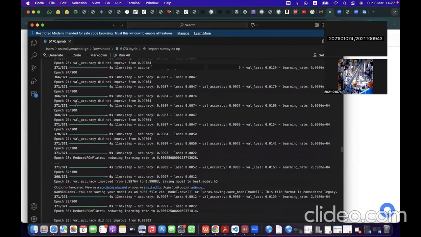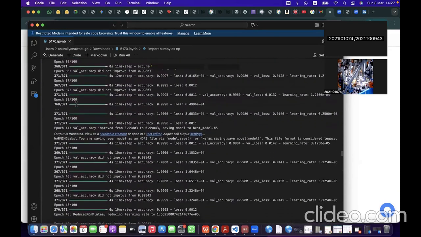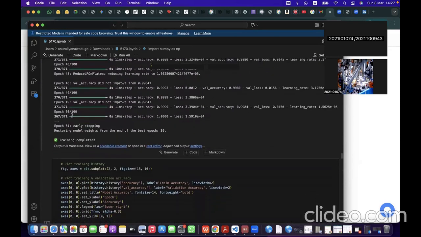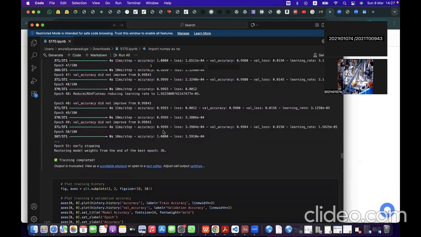After 50 epochs, you can see the accuracy is 1.0000 and the loss is 1.59 times 10 to the power of minus 4. At epoch 51, early stopping restores model weights from the end of the best epoch.